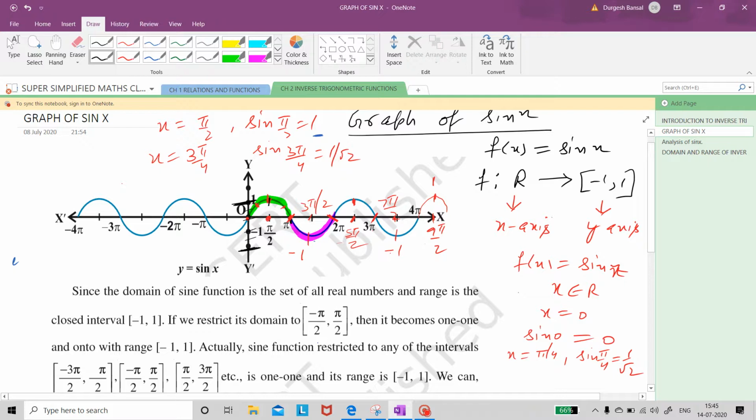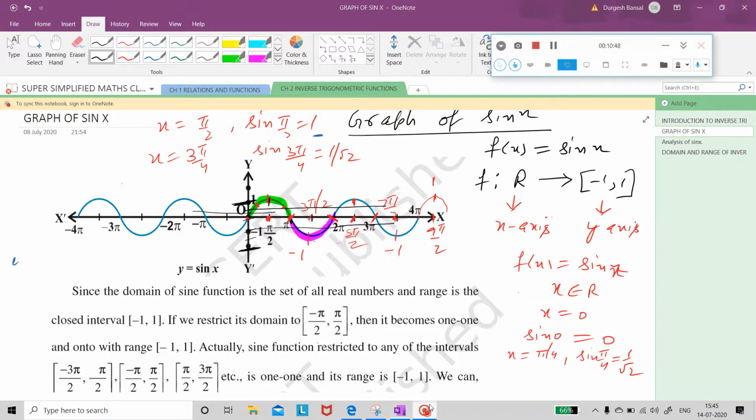If you take any point between -1 and 1, it has many values. So no point of the range -1 to 1 has been left uncovered. So the function is already onto. Now we have to see how we can make this function 1-1.